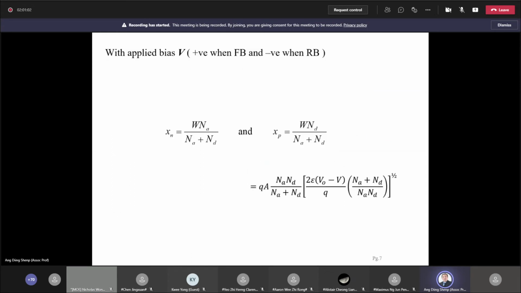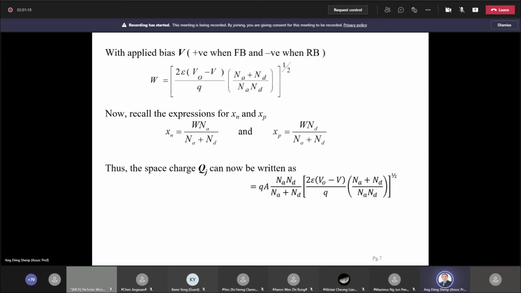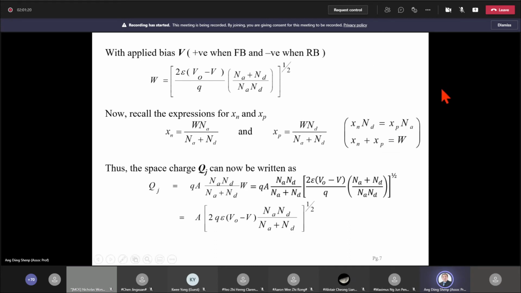So let's move on. Xn and Xp can be related to the total depletion width W in this manner. These two expressions can be obtained by solving two equations, if you still remember. One of them is the space charge neutrality equation, and the other one is just a simple geometrical statement about Xn and Xp adding together to give the total depletion width.